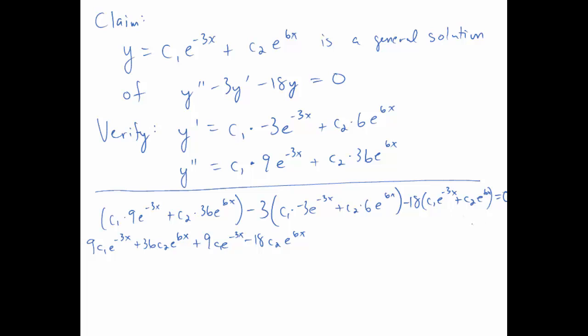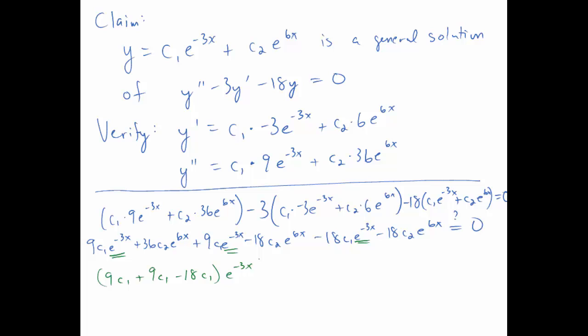Distributing again, minus 18 c1 e to the -3x minus 18 c2 e to the 6x. And this is supposed to be equal to 0. So let's focus on the e to the -3x terms. The coefficients are 9c1 plus 9c1 minus 18c1, and that's all times e to the -3x.